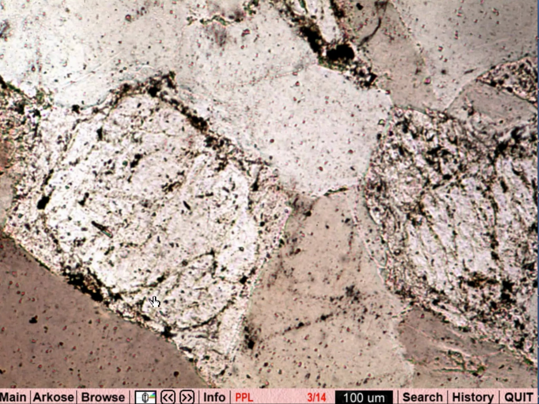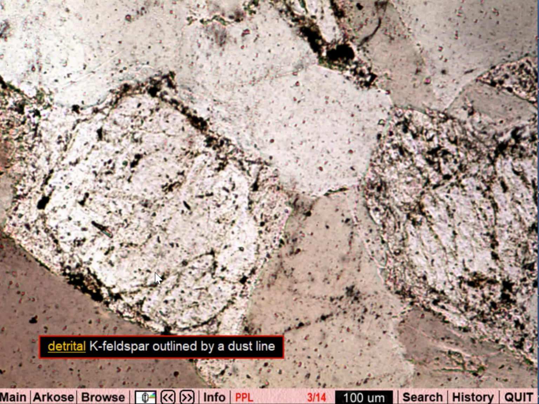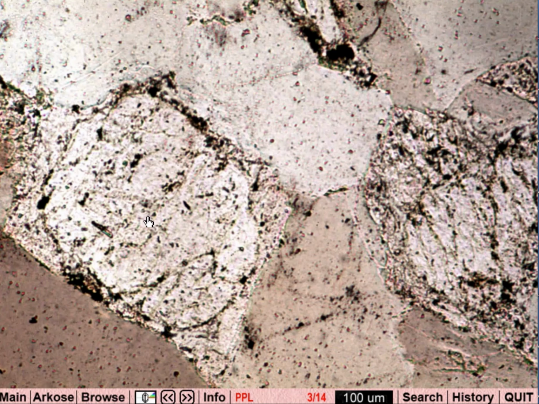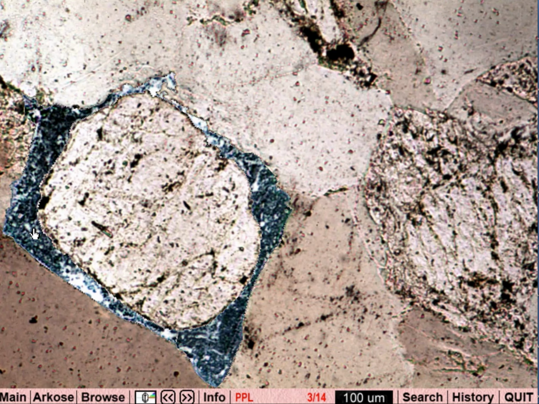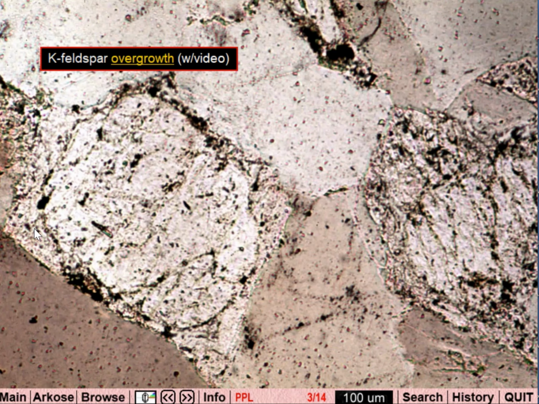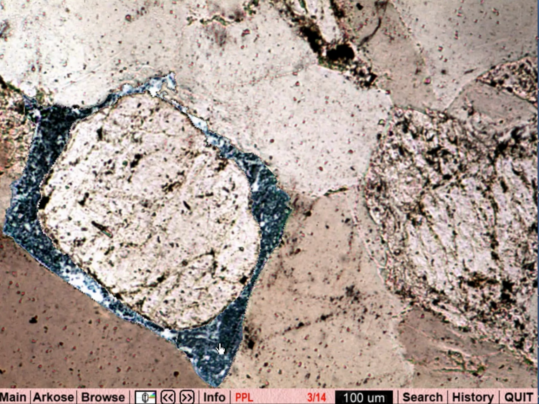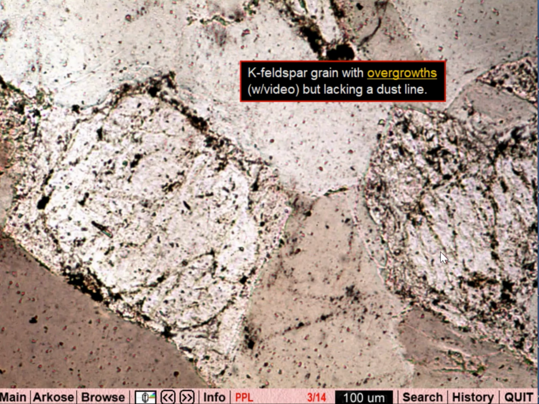Okay. All right, next slide. So check it out here. We've got K feldspar. Notice that the K feldspar is a lot less clear and clean than the quartz, even though the quartz may have a lot of bubbles inside. And this K feldspar has a nice overgrowth that is really giving it a much more rectangular look and has trapped this bit of dusty clay rim.